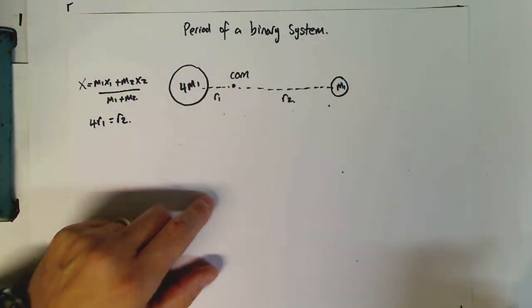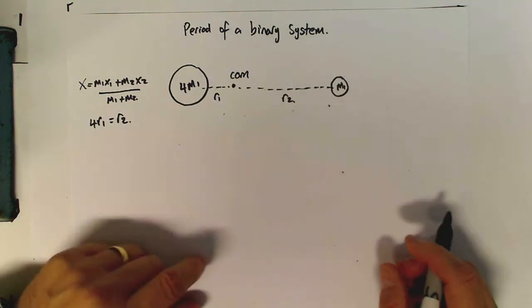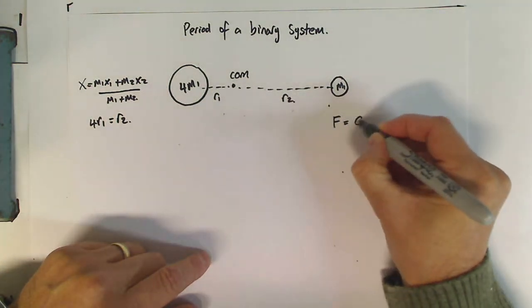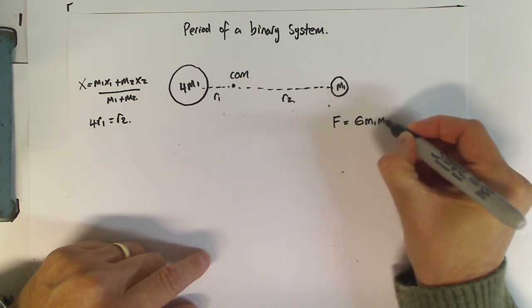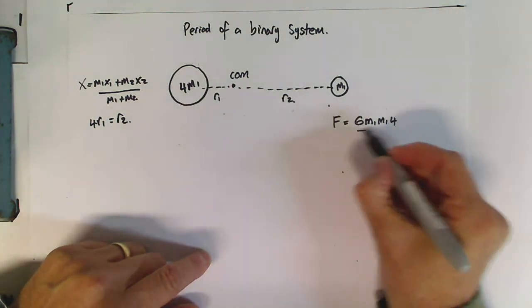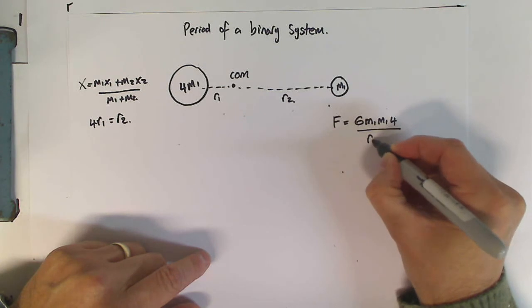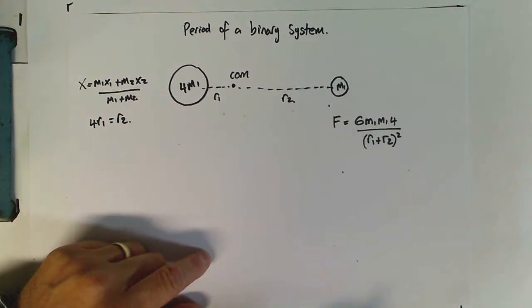Now, there's a centripetal force acting to make each of those masses go around this center of mass. And the centripetal force, as I'm sure you're well aware, comes from the gravitational force between the two bodies. So let's write down what that gravitational force is. It's F equals big G m1 times 4, because that one's 4 times bigger than that one, all divided by the distance between them squared, which is r1 plus r2 all squared.